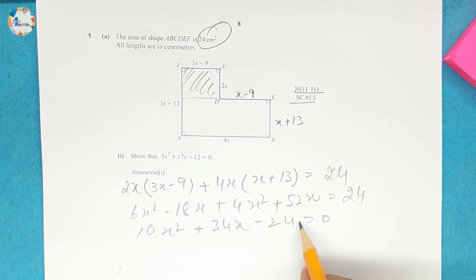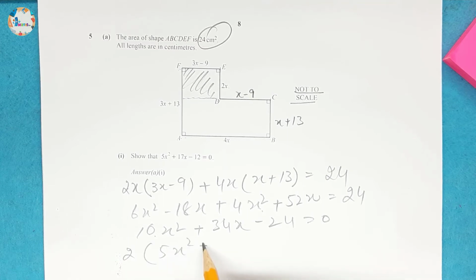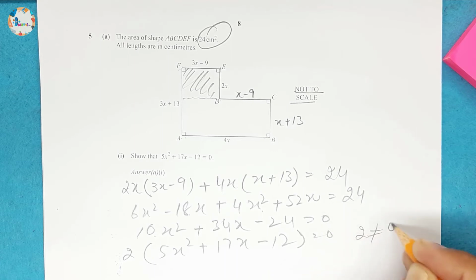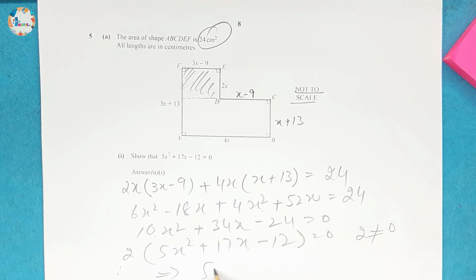Now we can take 2 common, so inside will be 5x squared plus 17x minus 12 is equal to 0. So 2 cannot be equal to 0. This implies 5x squared plus 17x minus 12 is equal to 0. This is what we have to prove.